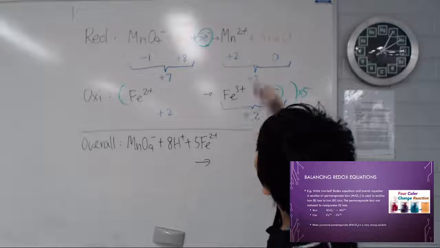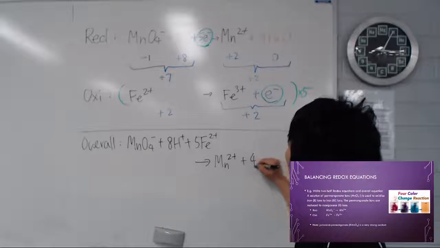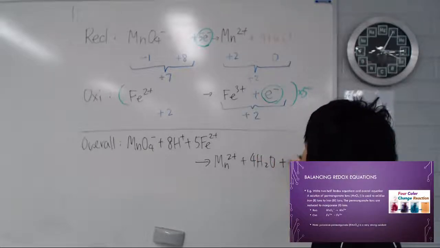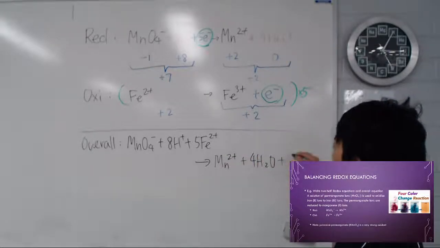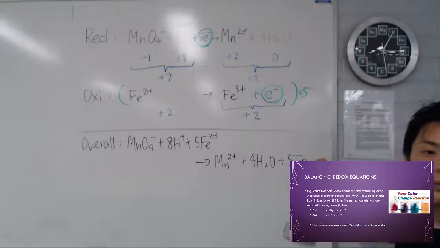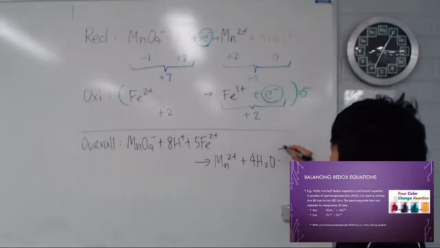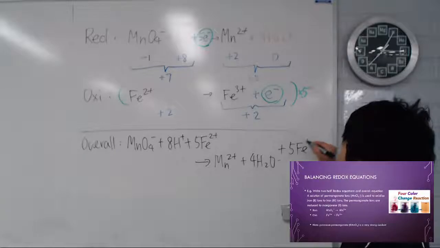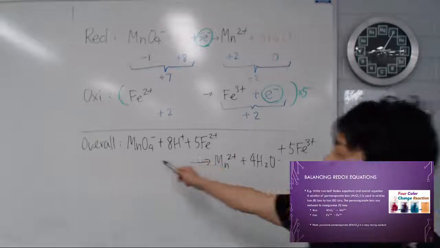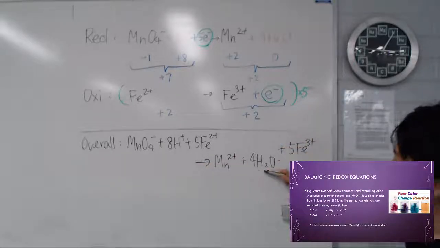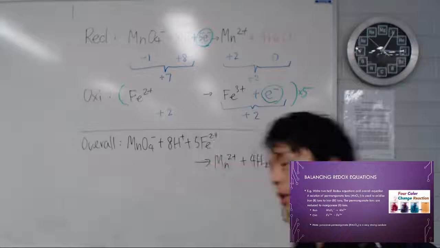That becomes Mn2 plus, 4H2O, and you multiplied this by 5, didn't you? Sorry, plus 5Fe3 plus. It's a bit weird like that, but that's the reactant side, and these 3 species are the products in this case.